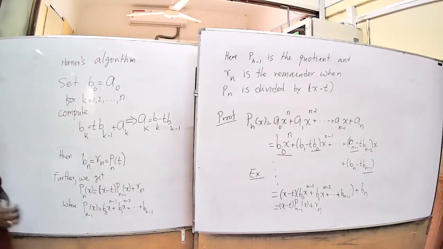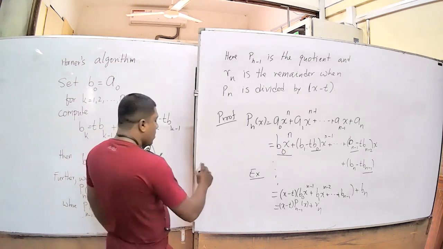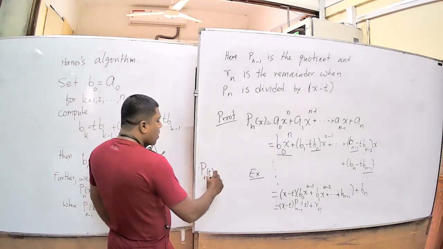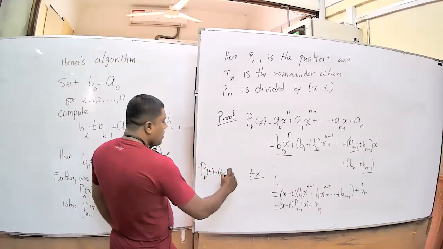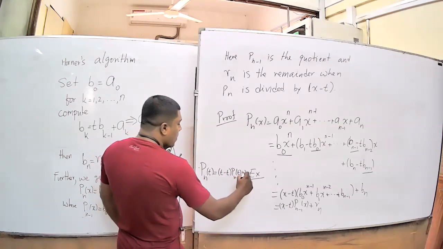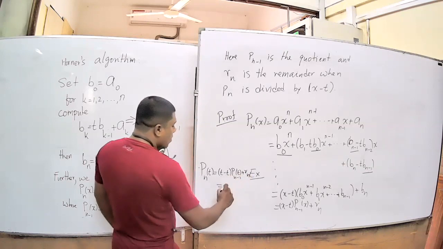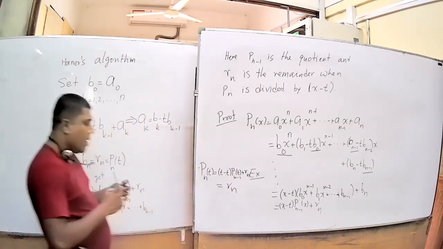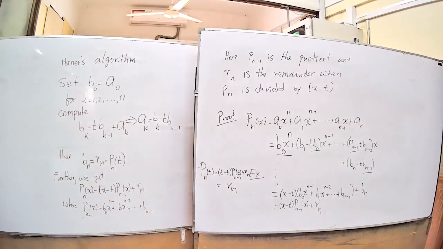And when you put x equal to t, clearly pn of t is t minus t times pn minus 1 of t plus Rn. So this is 0, so it is clearly Rn. So you can easily see these two.